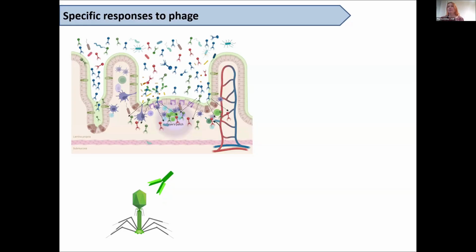Getting it more precisely, anti-phage antibodies is a simplification, because antibodies don't target just the phage as it is. They do target phage proteins, and these phage proteins are considered phage antigens. As you know, they may differ from one phage to another, but there are also similarities. So it brings us to the idea that probably we have cross reactions. So analyzing phage targeting antibodies usually requires identifying what phage antigens are engaged in this reaction.